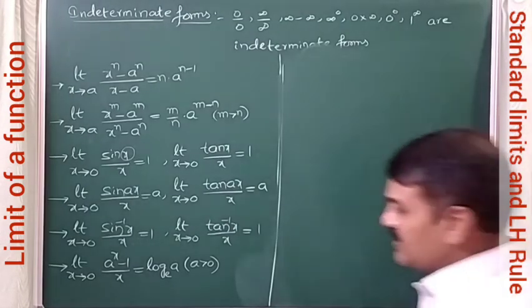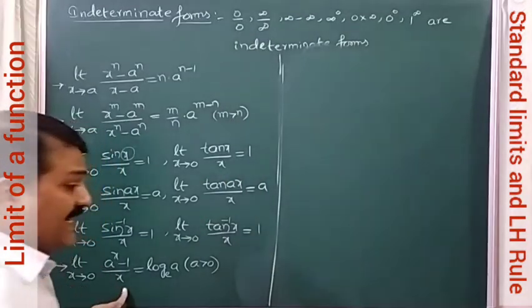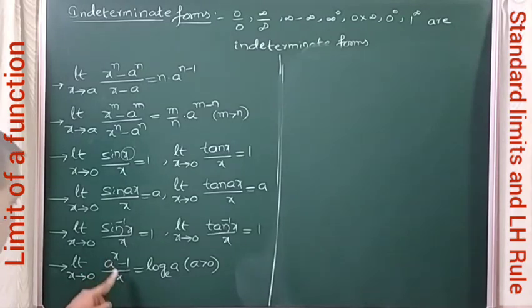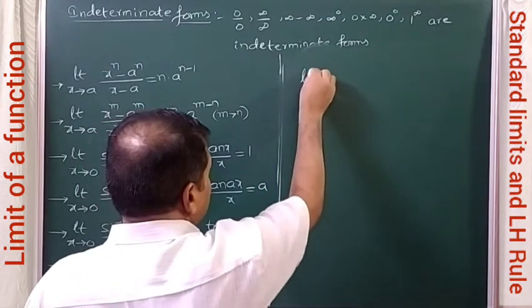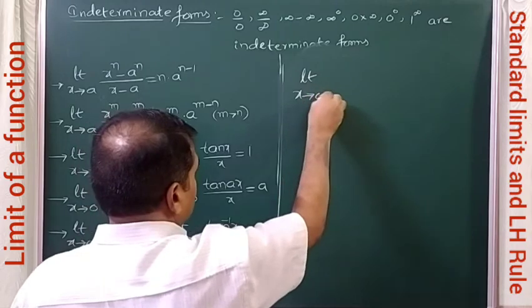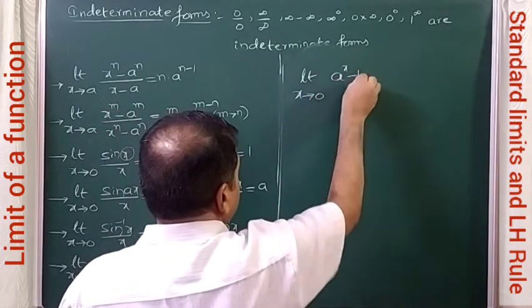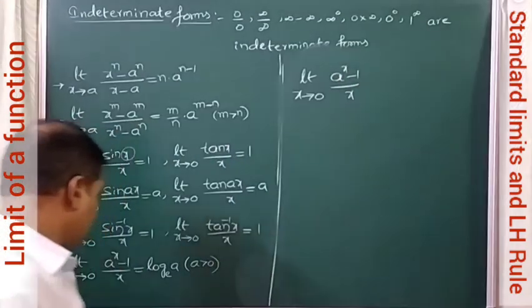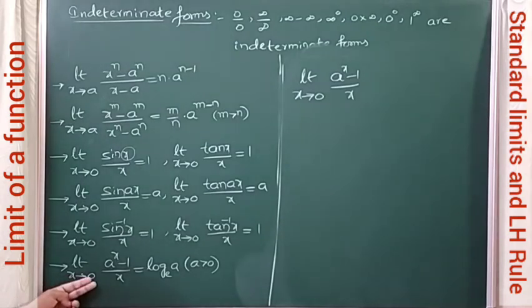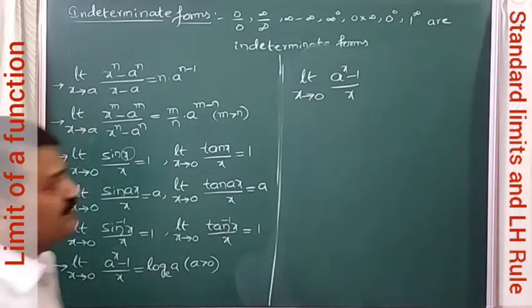For the last result, let me use L'Hospital rule. So limit x tends to 0, a power x minus 1 by x. Directly you cannot put x as 0, you will get 0 by 0 form. So since you are getting 0 by 0, we are using L'Hospital rule.